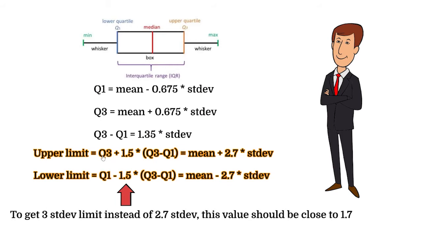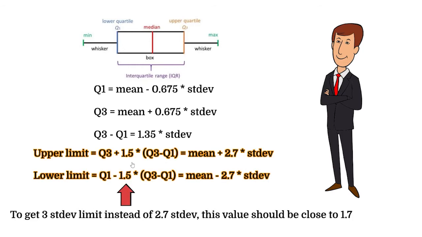Down here, how the max and min are calculated is shown. The upper limit, which is this max value, is defined like Q3 plus 1.5 times (Q3 minus Q1). If we put the values of Q3 and Q1 from here, we get mean plus 2.7 times standard deviation. In a similar fashion, if we put the values of Q3 and Q1 in the lower limit equation, we get mean minus 2.7 times standard deviation.